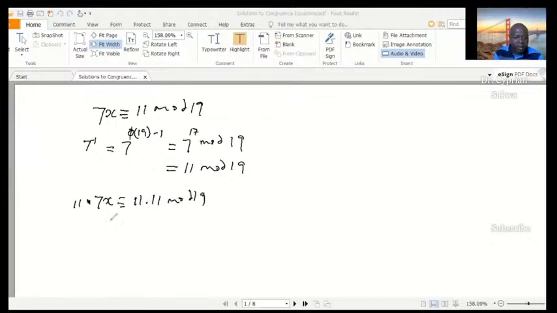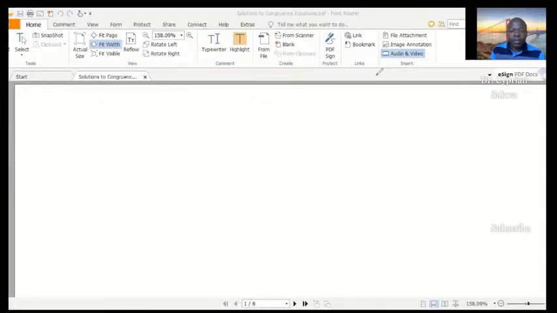The left side gives you x congruent to this 121. When you divide by 19, the remainder will be 7. And that is how we use the three methods. That's how you can use either Euclid's algorithm, or Fermat's little theorem, or Euler's theorem.